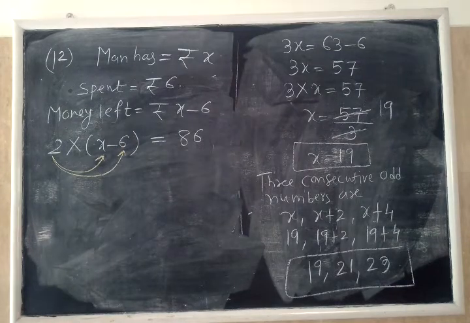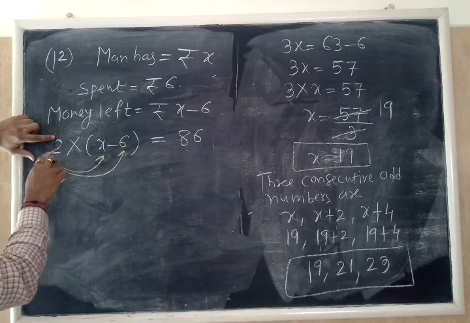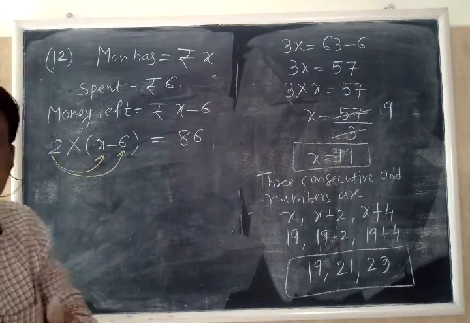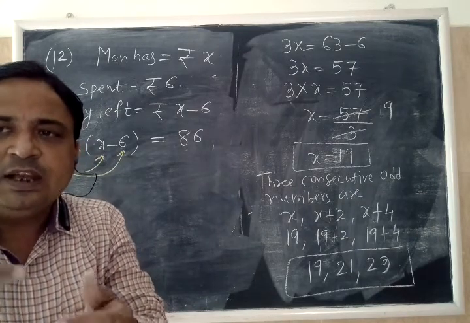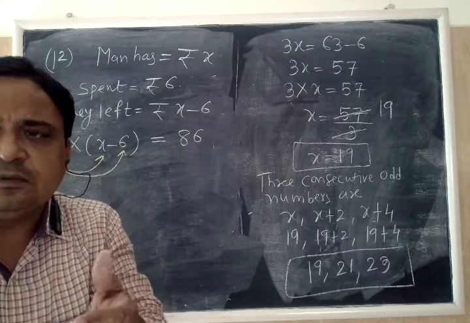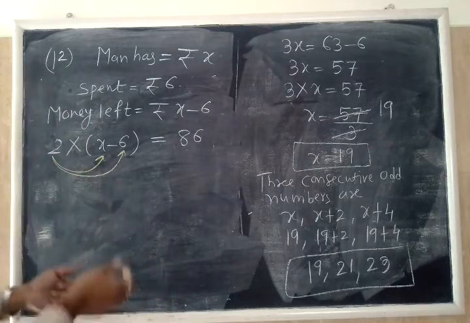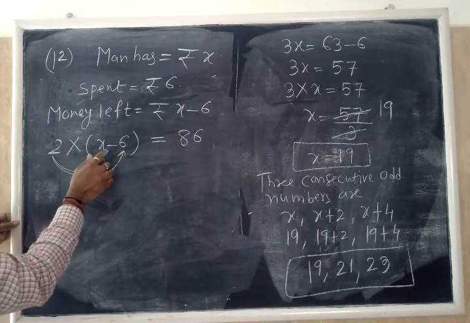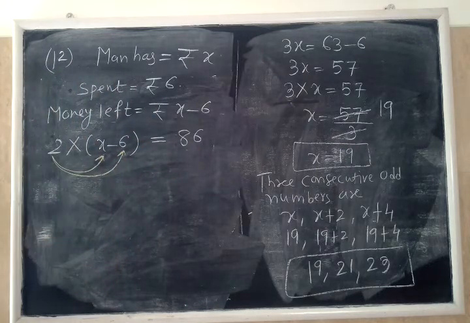Twice of what? Twice of money left with him. The money left with him is X minus 6. So 2 into X minus 6 is nothing but 86 rupees given in the question.